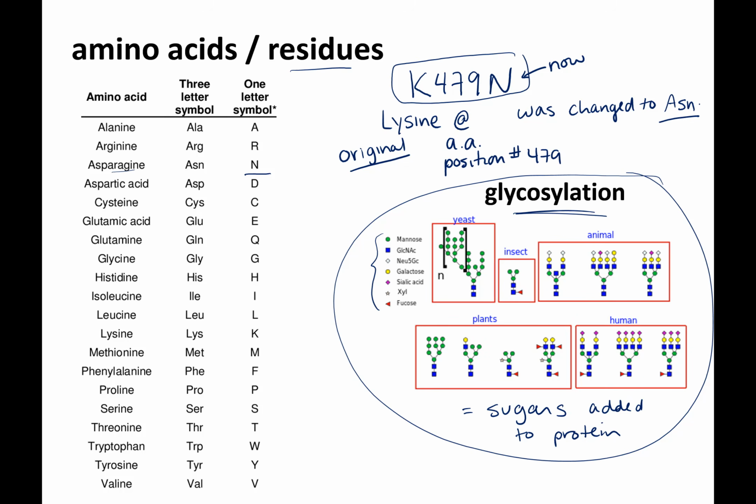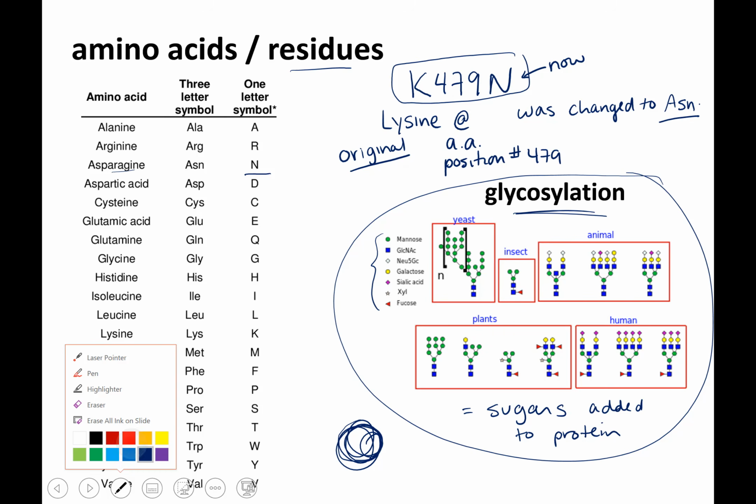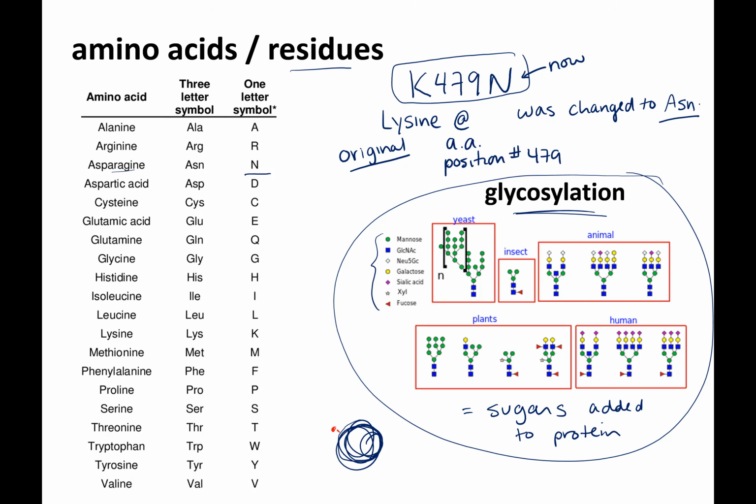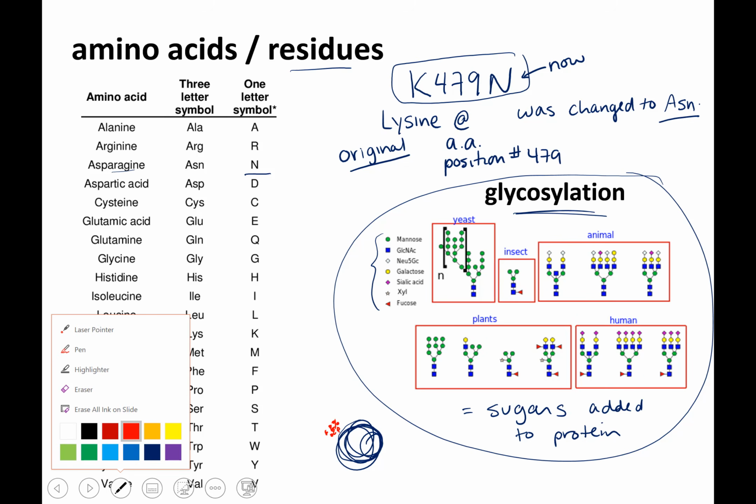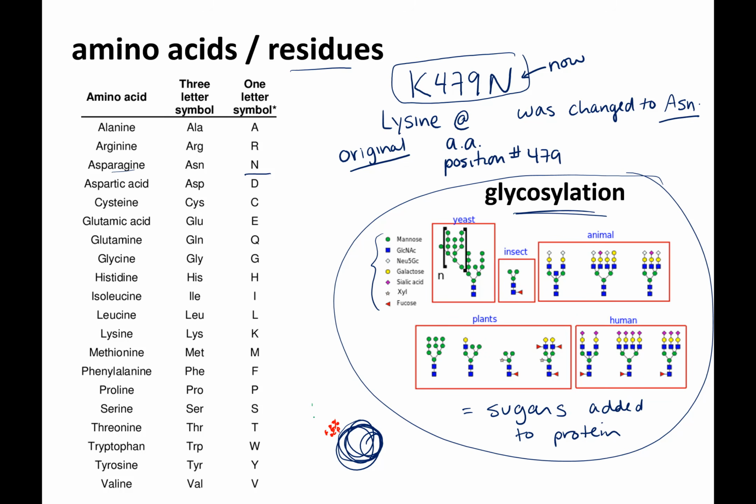They don't talk about what type of glycosylation it is, but if you have a protein, let's say our protein here, and on one of the amino acids you stick a bunch of sugars, you can see that if another protein was trying to bind, it could block it. Glycosylation can interfere with protein interactions, so it's important to know if the region of the protein you're looking at is glycosylated or not.